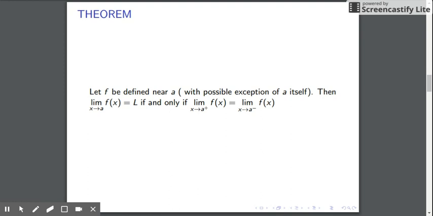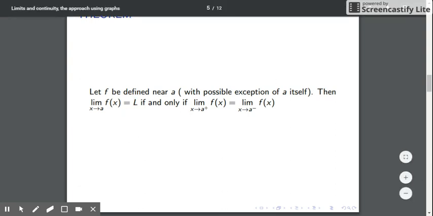So if the limits from right and left exist and they are equal, then the limit exists. And if the limit exists, then both limits from left and right exist and they are equal. That's the if and only if part of it. If these two exist and they are equal, then this one exists, and that's it.